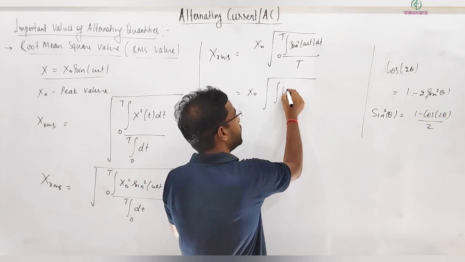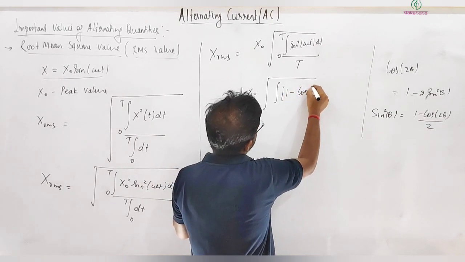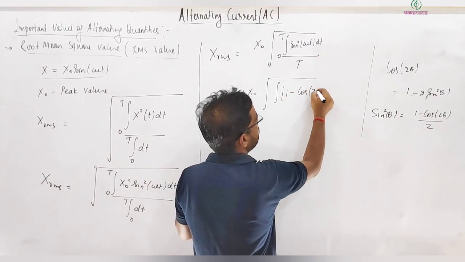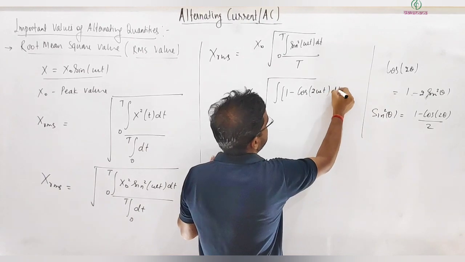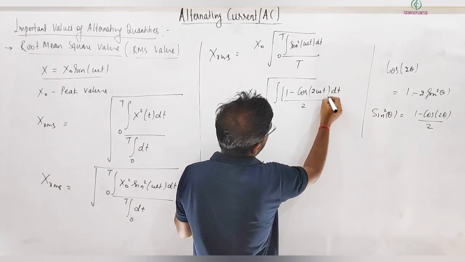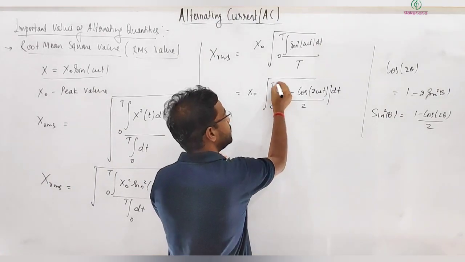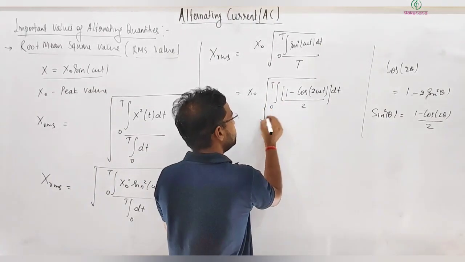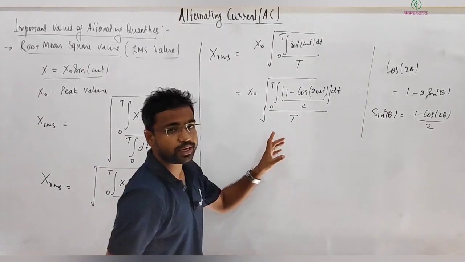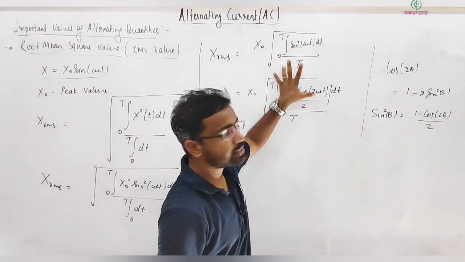So this is the integral of 1 minus cos 2 omega t into dt, whole divided by 2, from 0 to T, and the root will also be over T, right? I hope this step is clear. This is just step 2.